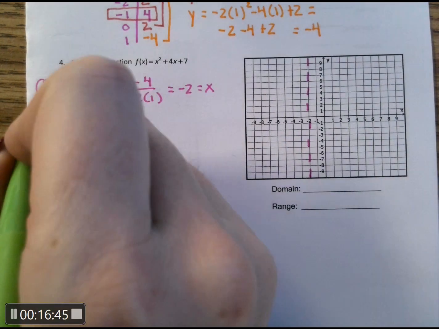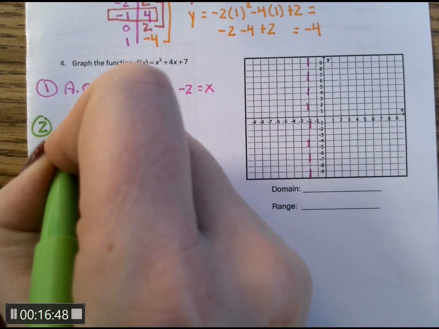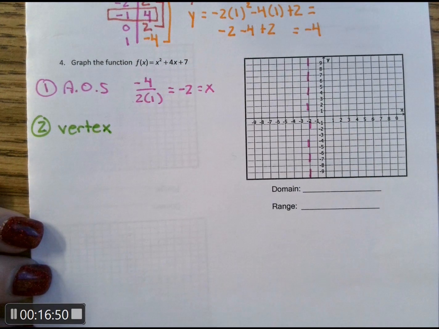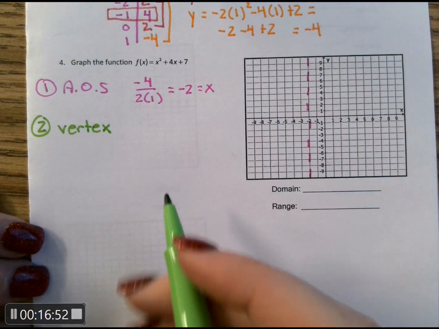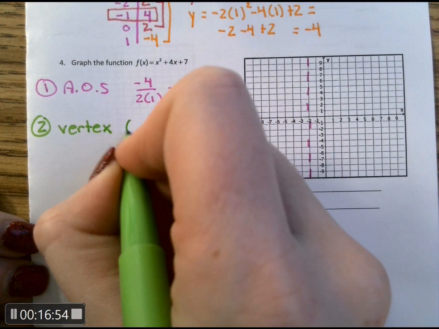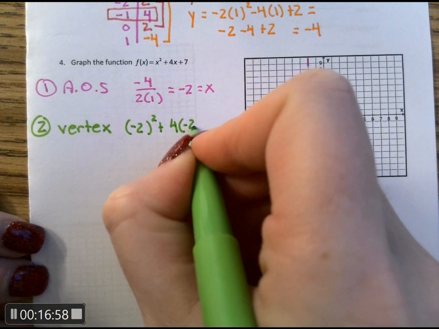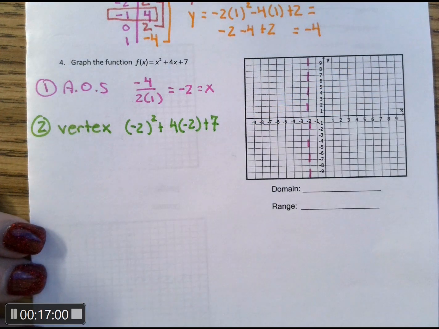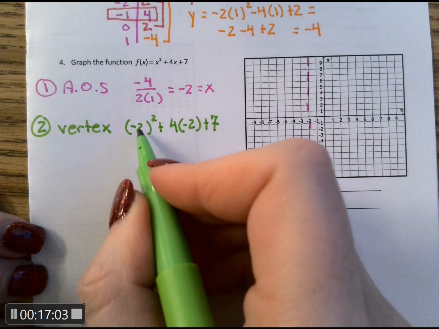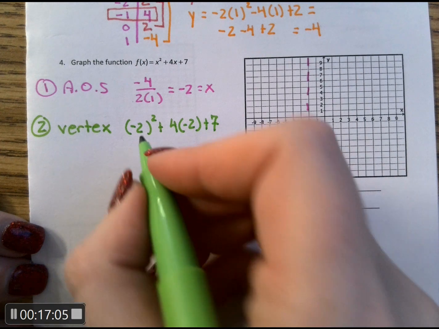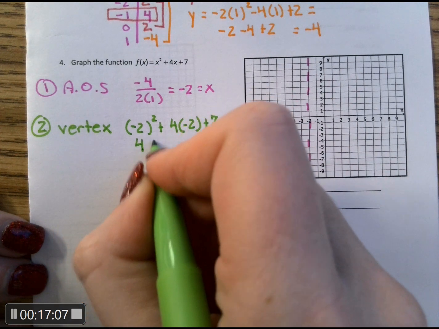Step 2, vertex. Substitute in -2 into our equation. So we have -2 squared plus 4 times -2 plus 7. -2 squared means -2 times -2, which gives us +4.